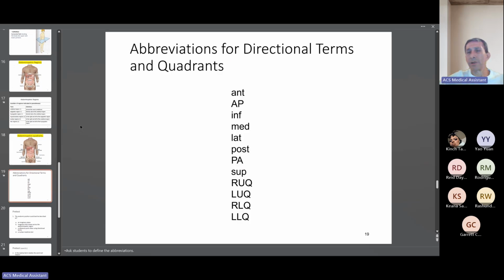Okay, let's talk about some abbreviations. Abbreviations are very important, and then we go on break. Remember, abbreviations are different from acronyms. So here we have abbreviations, or directional terms and quadrants.